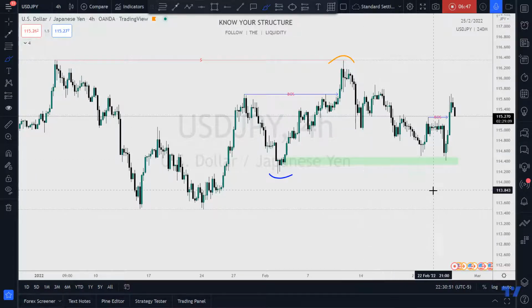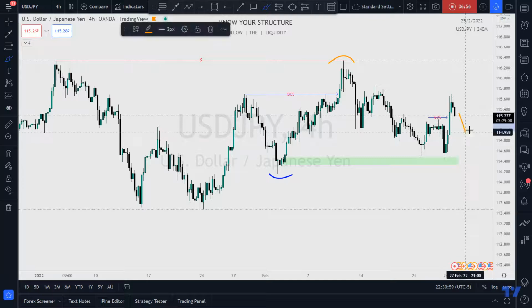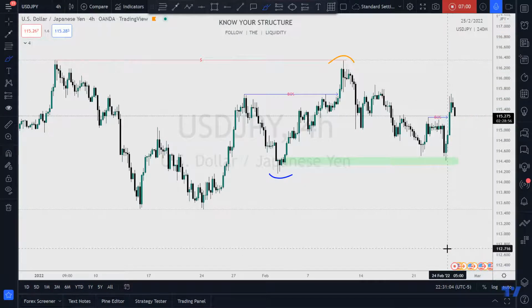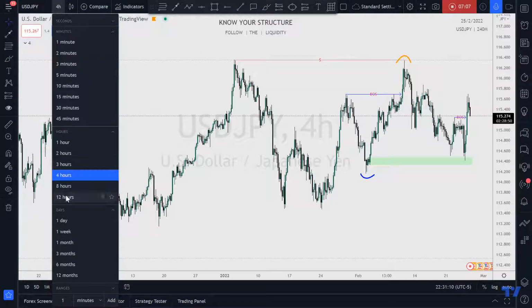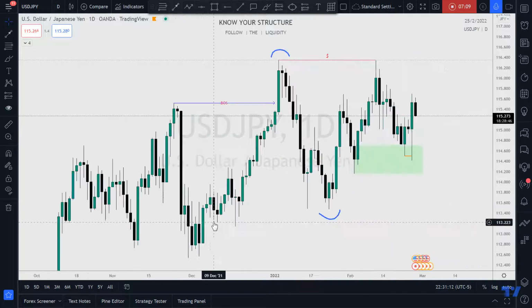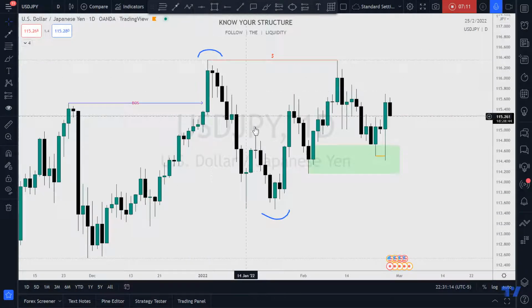It didn't make a new low. That, and it's already a relative equal low, already a magnet. So that's what we're waiting on for price to end up jumping up there to make the higher time frame higher high. That is the expectational order flow that we're following here, right? Higher high, higher low.